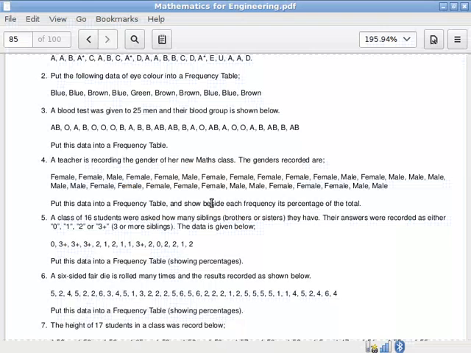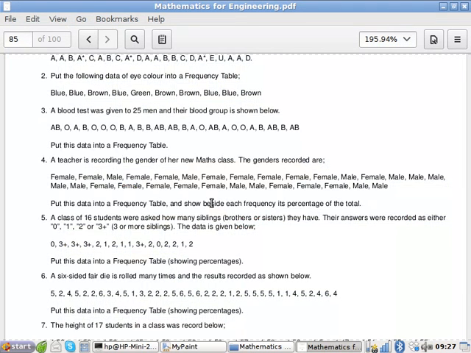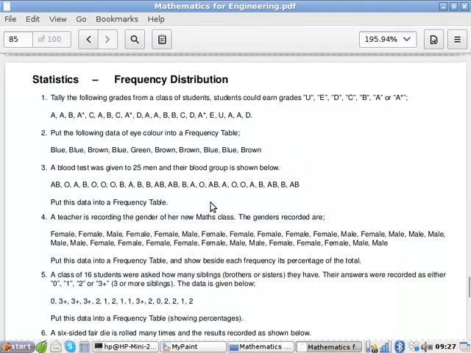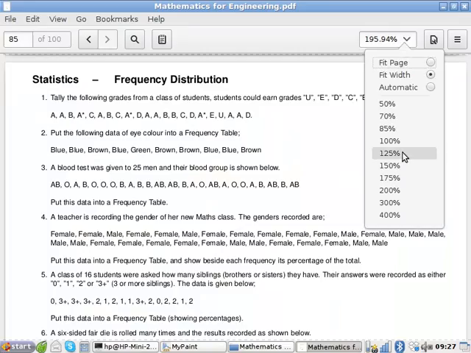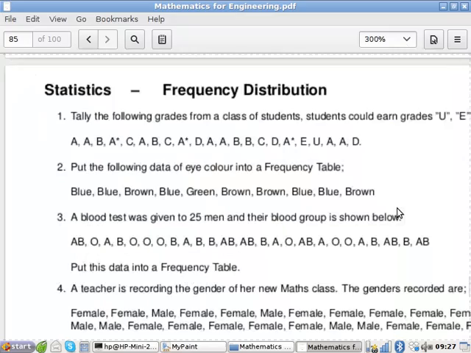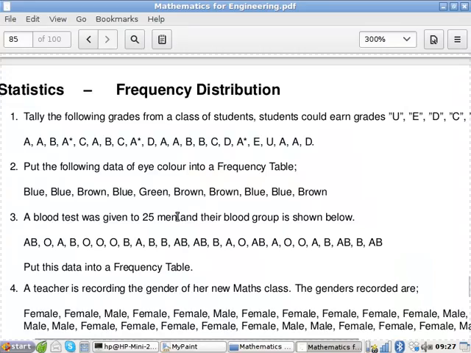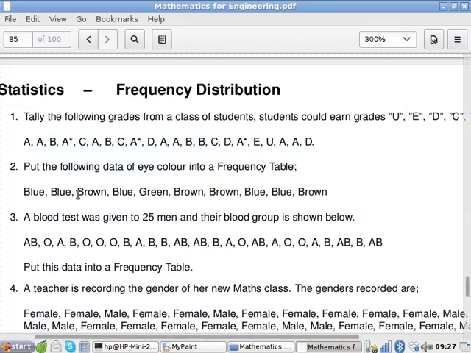Let's have a look here. So, I did the first one already. Well, not the first one, but something like the first one. So let's just have a look at the second one here. It's going to be a bit harder for me because I have to switch between the 2. But first thing you should do is look at what your possibilities are. So you have blue, brown, green.